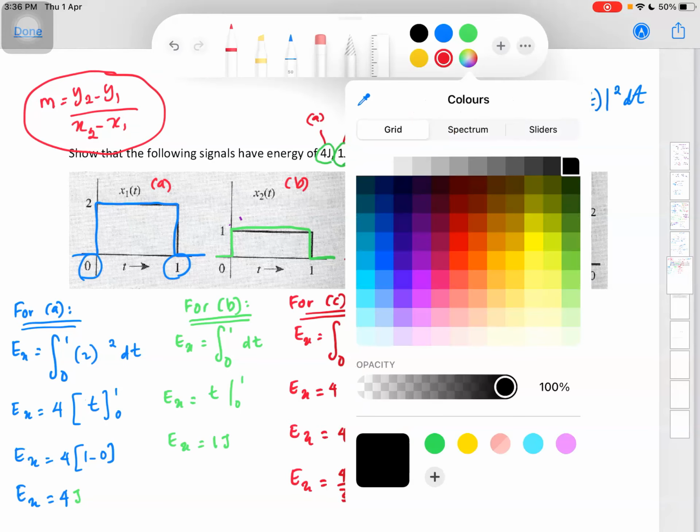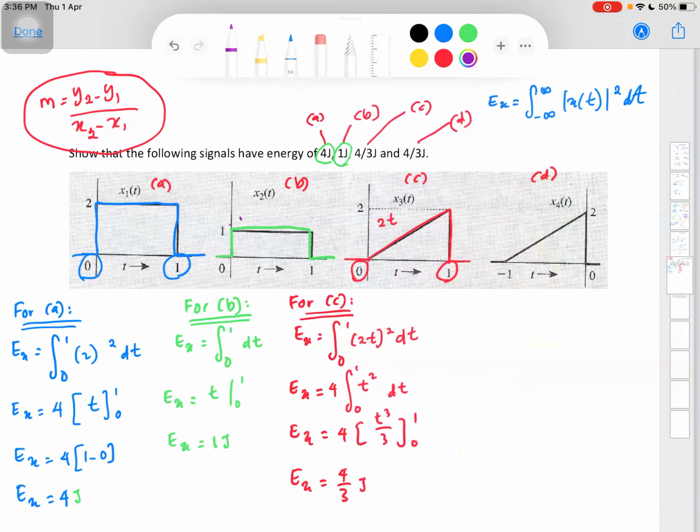Now let's have a look at the last one, which is D. So Ex will be, now the signal is shifted. If you see, this x4 is actually x of t, but shifted to the left 1 unit. So now we have the limit from -1 to 0.